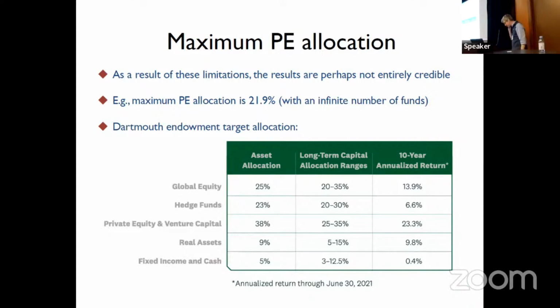This is from the Dartmouth Investment Office, describing the current allocation of the Dartmouth endowment. Looking down at the rows here, we can see that the allocation to global equity right now has a target of 25%. The allocation to private equity and venture capital is at 38%. So just as a first-order check, the numbers here seem to be somewhat out of the range that you suggest, and it's hard for me to reconcile that.